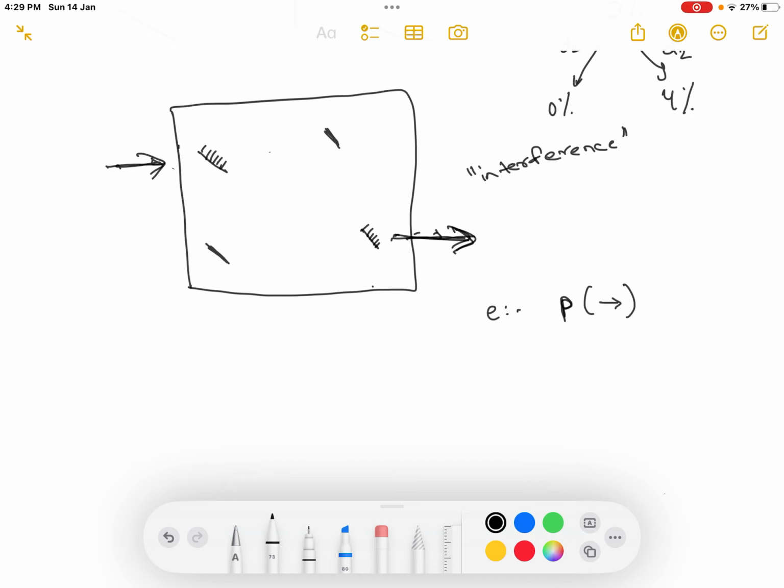And in calculating those probabilities, what you have to do is imagine that this photon which started here went through all these paths. It went like this, it went like this, and some of it also might have gone like this, and then finally it comes out like this.